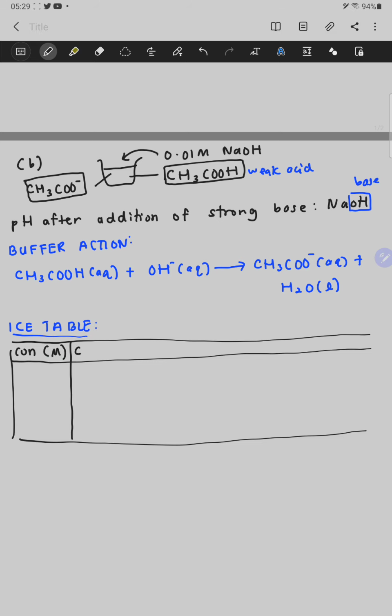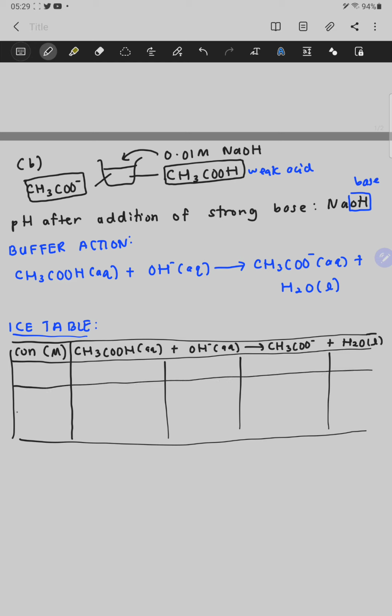So we put CH3COOH aqueous plus OH- aqueous produce CH3COO- plus H2O liquid.